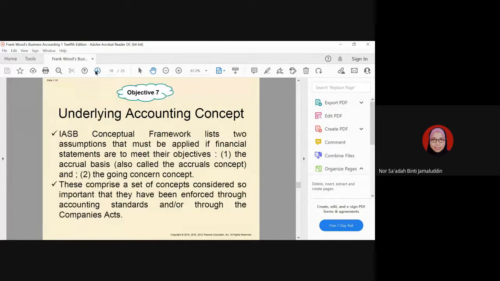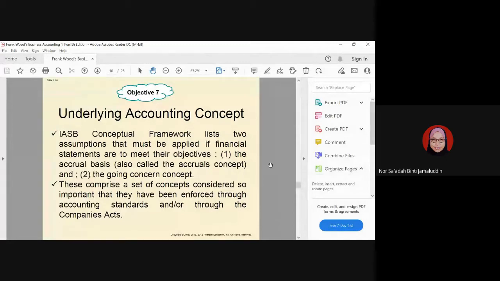Next we go to objective number 7, which is underlying accounting concept. So for accounting concept, in this slide we just give you the information on what the accounting concepts are under IASB, International Accounting Standards Board. The conceptual framework leads to assumptions that must be applied if financial statements are to meet their objective.